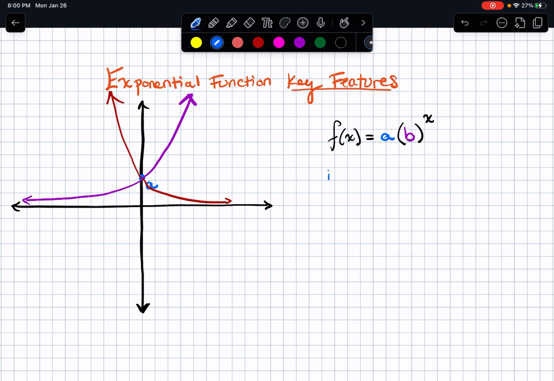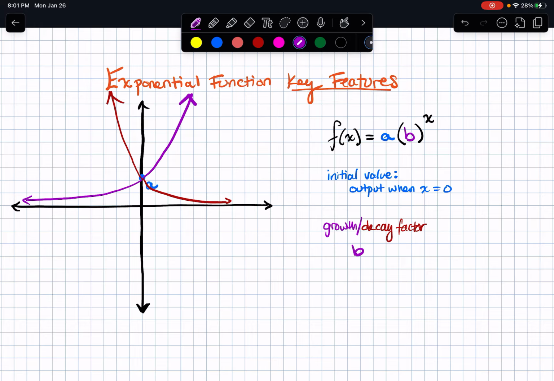So our key takeaways from Algebra 1 were that our initial value is the output when x equals 0. In the past, that has just been our a value. We'll come back to that shortly. And then our growth/decay factor is b.